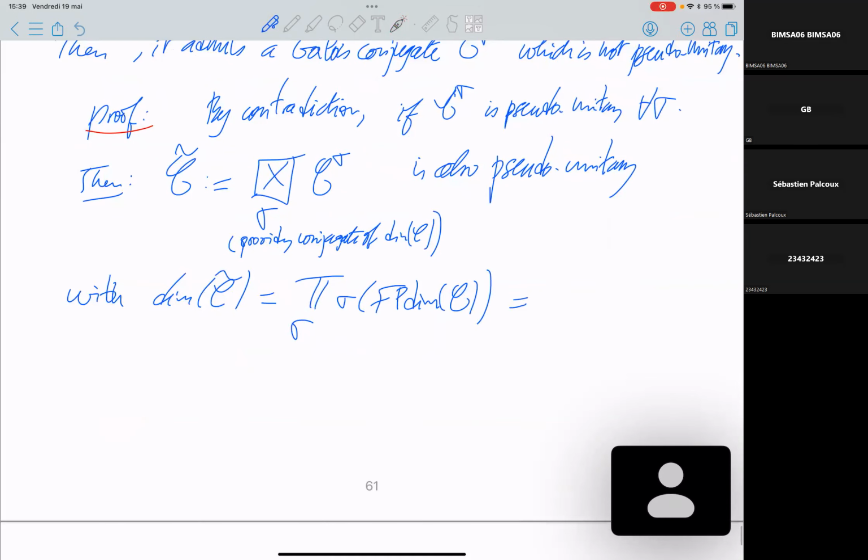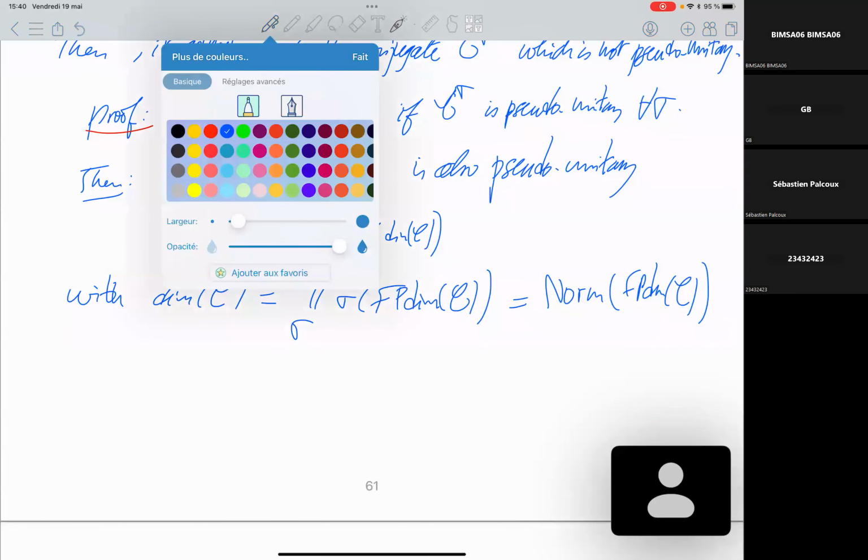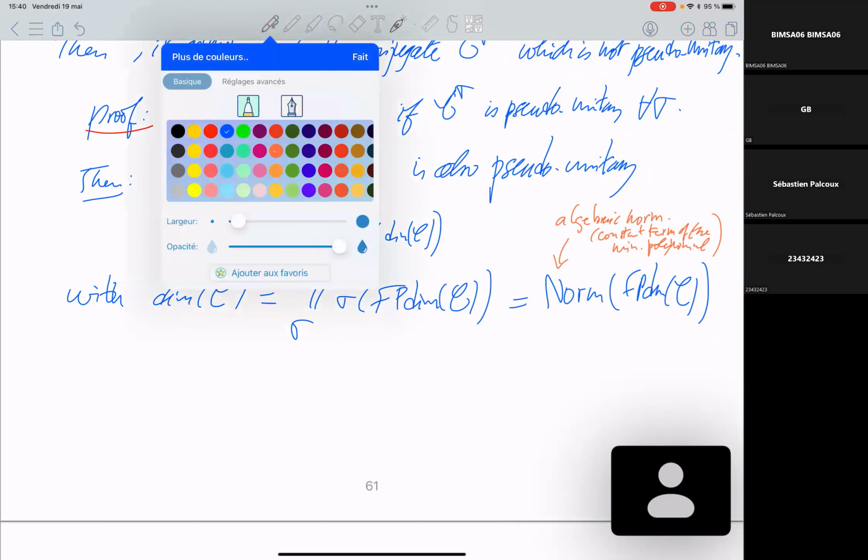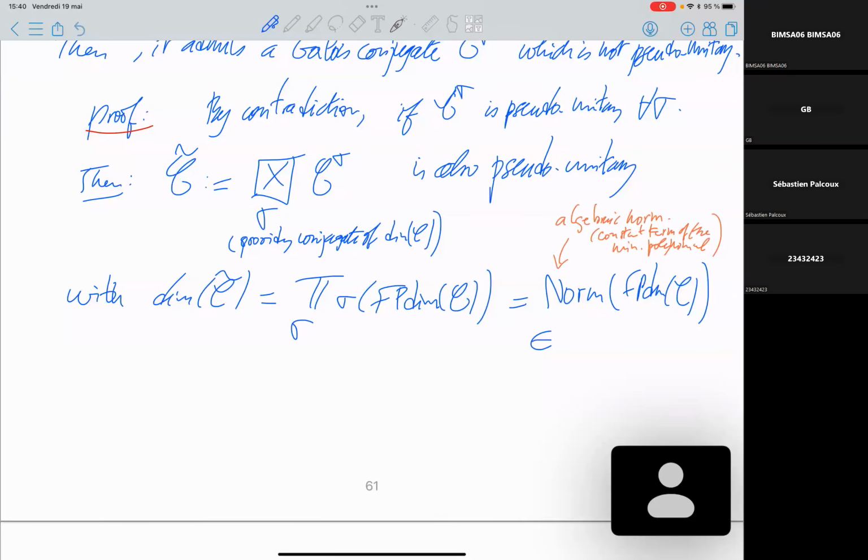But this is the algebraic norm of the Frobenius-Perron dimension of C, the constant term of the minimal polynomial for the algebraic number FPdim of C. So it is an integer.